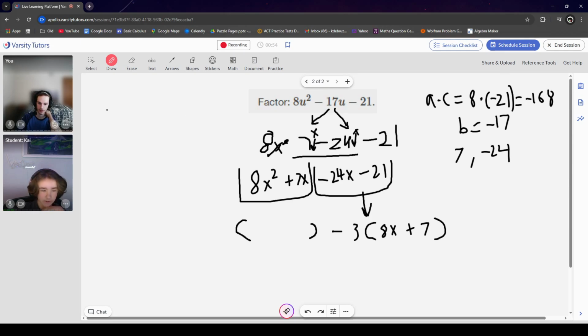Whatever adds to 8. So there's 2 times 4. There's 1 and 8. 2 and 4 equals 8, but not 7.